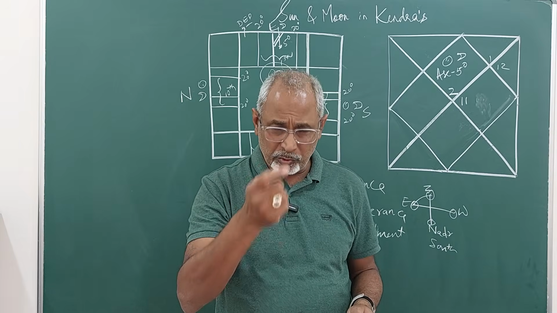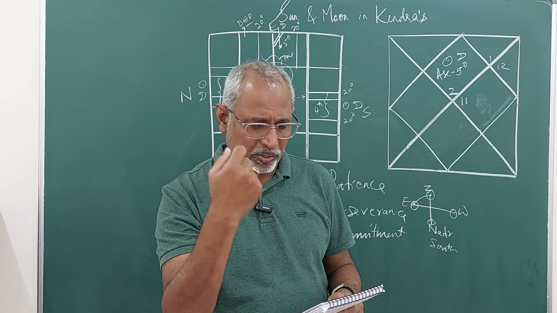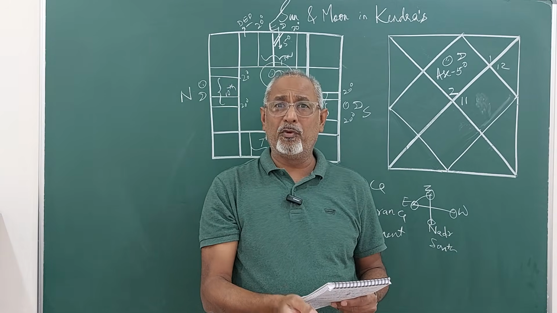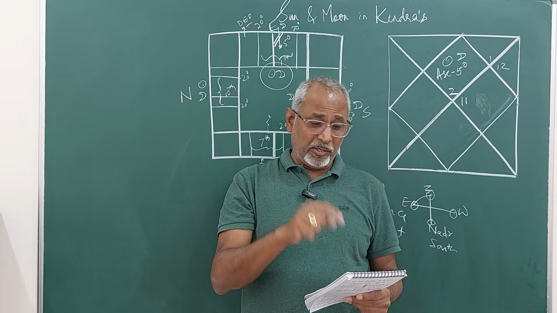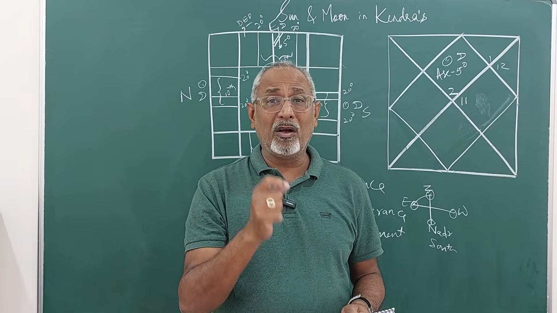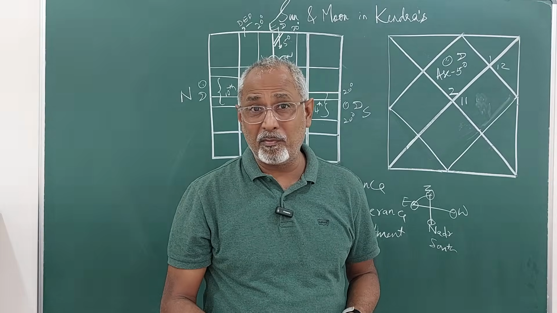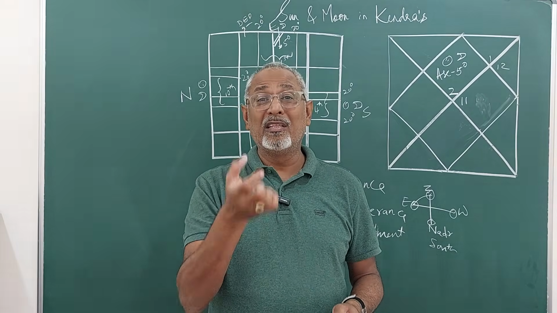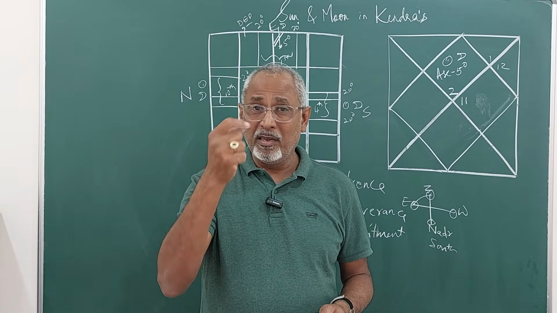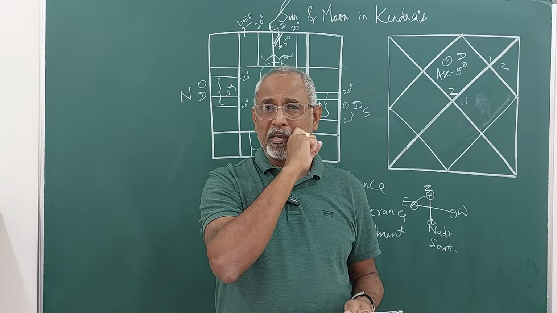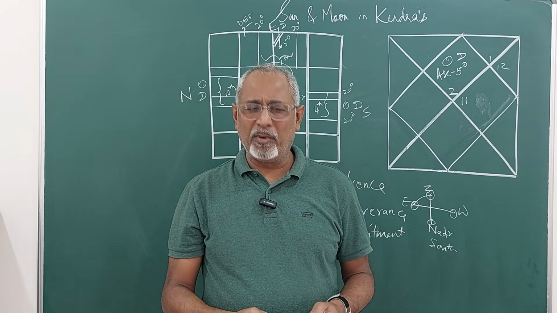The third point is that because of their overconfidence and foolish investments, they may lose wealth or ancestral property. So this is not such a great placement unless there is a supportive factor in the horoscope. This particular placement is a tough placement.